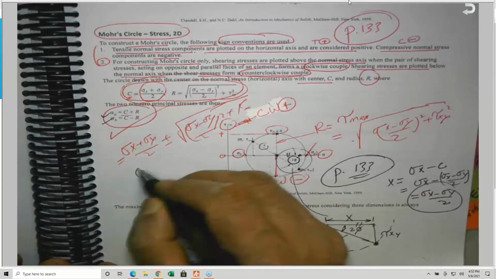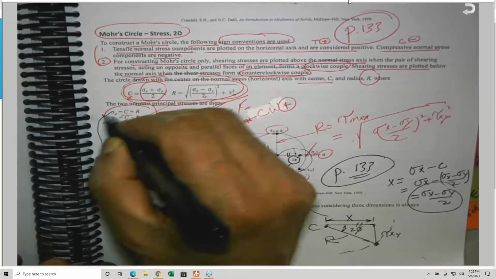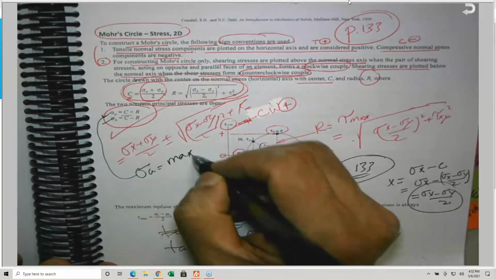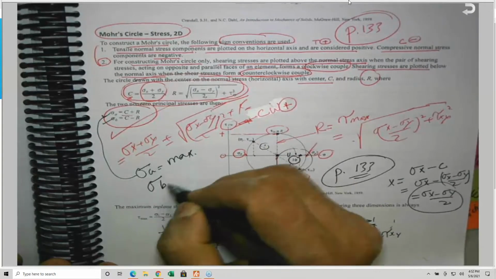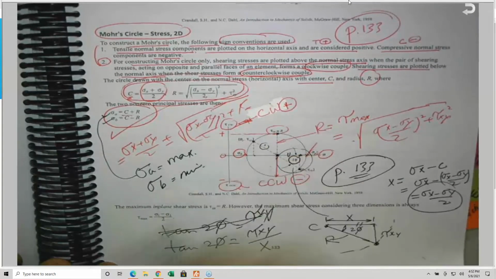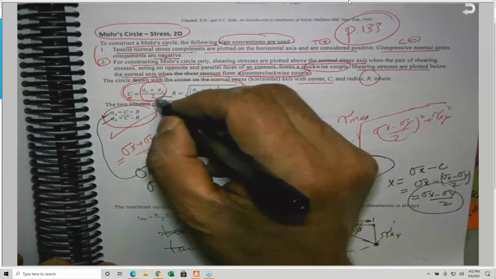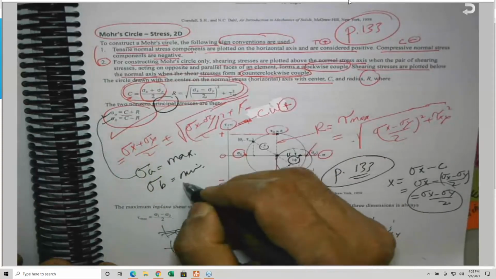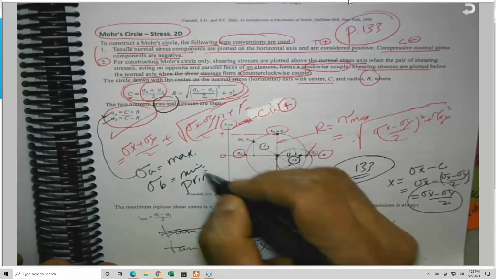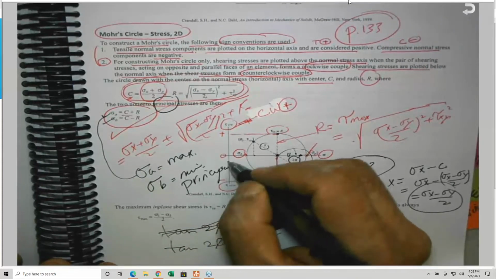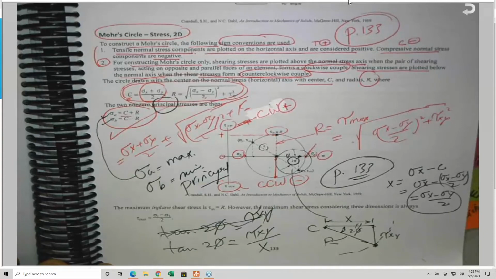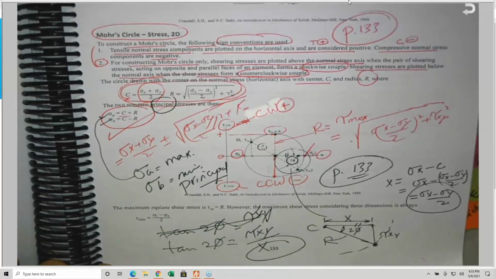Sigma A, which is this one here, is the maximum principal stress, and sigma B, as in boy, is the minimum principal stress. The word principal is very important. They mention here: the principal stresses are where the shear stresses are zero. So this is on page 133 of the NCEES.